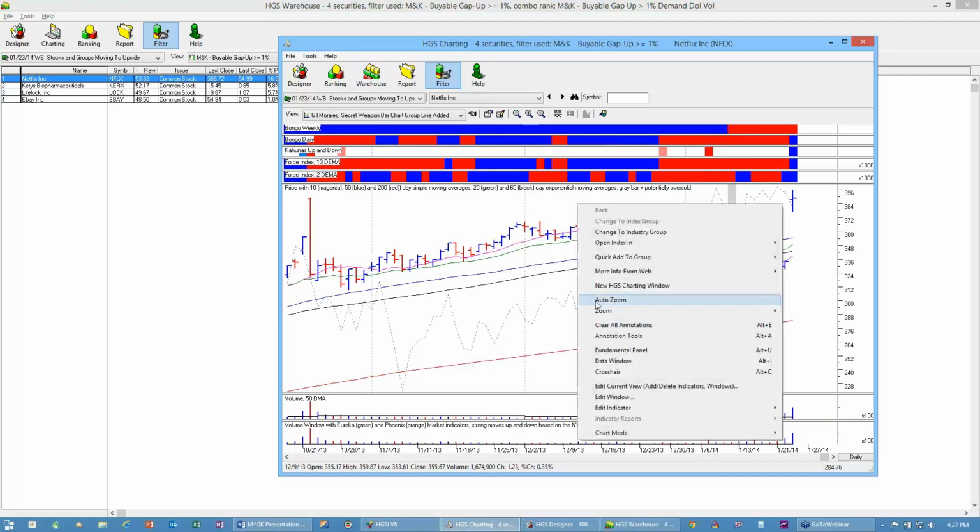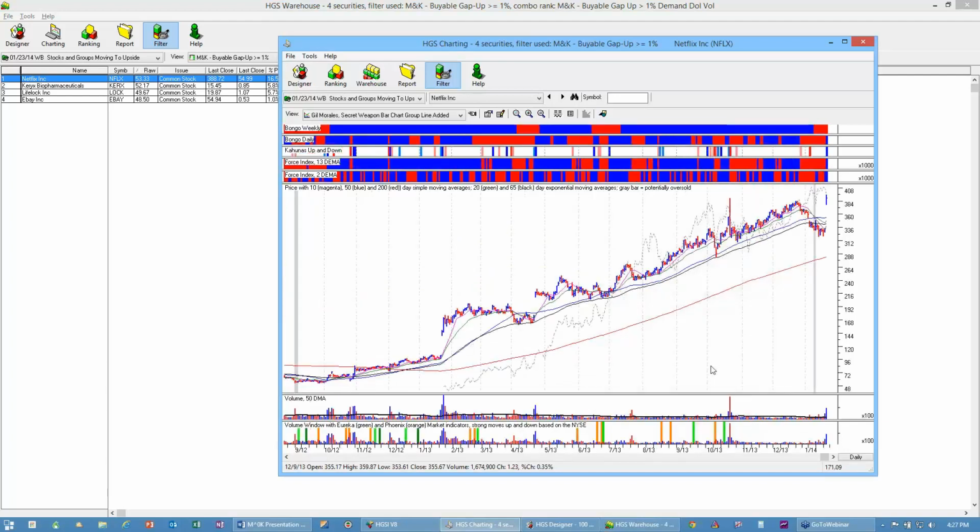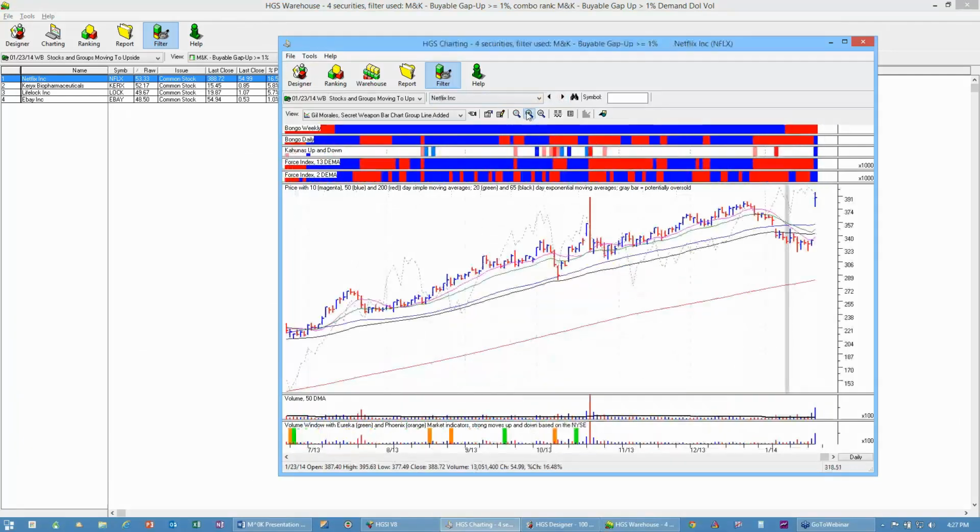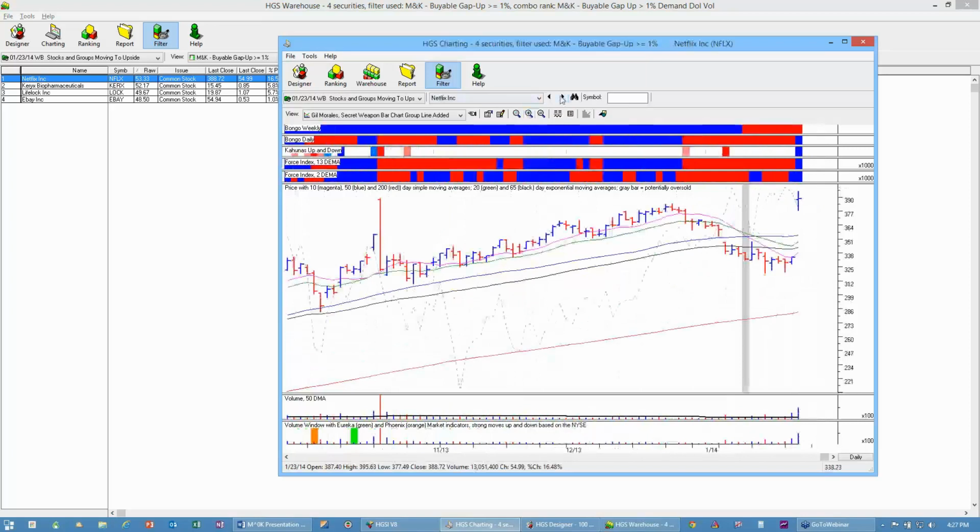If I left the auto zoom on, it's going to revert to this all the time whenever I go to a new chart. When I take that off and then zoom in, it's going to hold this zoom as I go from chart to chart. Take it off, or I would take it off. Okay, so here's your buyable gap up.